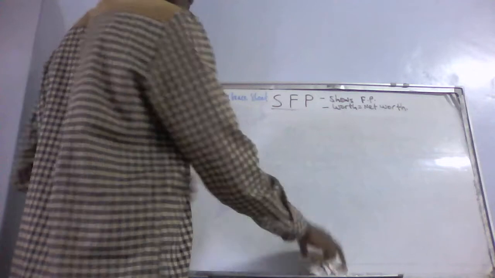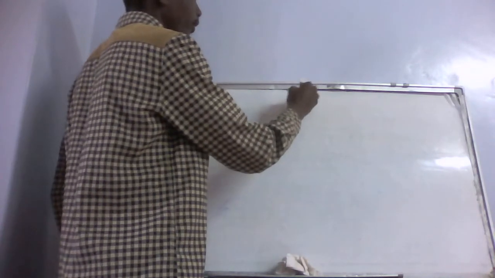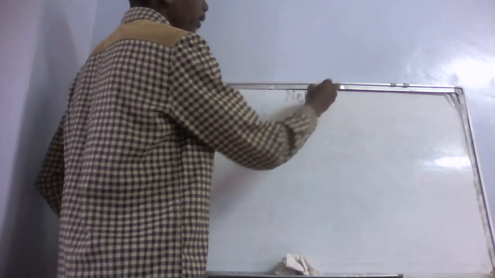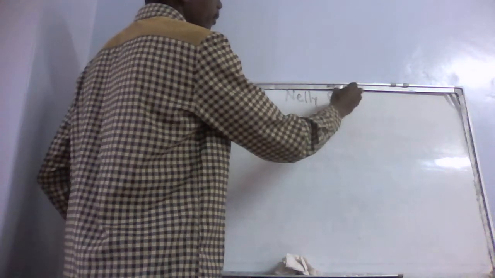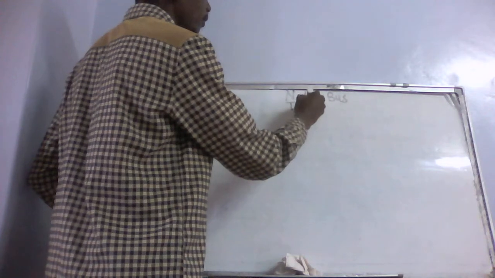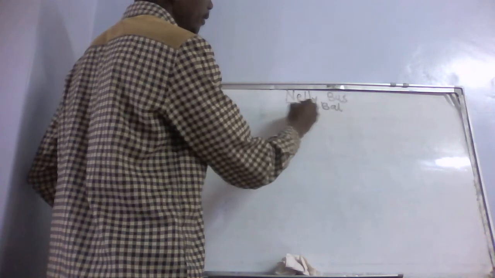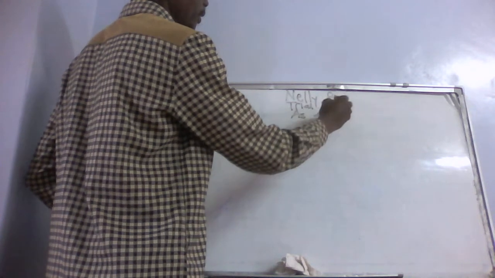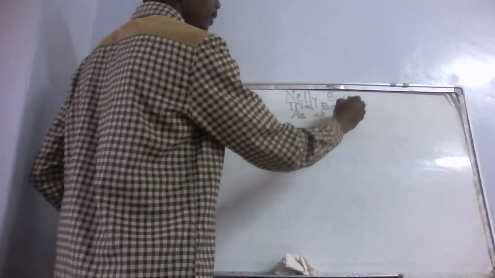Here, let me remove this title now so that I can have enough space. So here I have Nelly, my Nelly business. I have a trial balance as at 31st January 20.